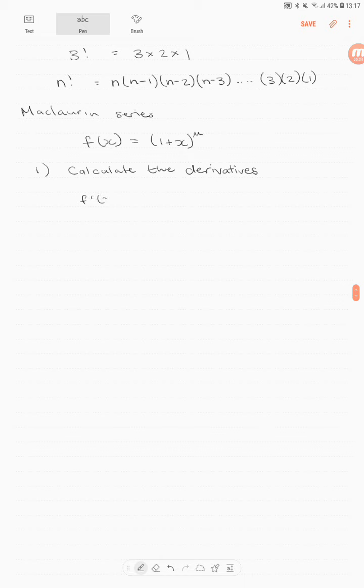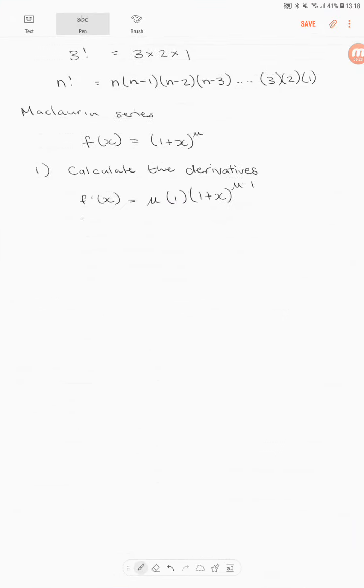In this case, f prime of x is equal to mu times 1 plus x to the power mu minus 1, times 1, remember the chain rule. F double prime of x is equal to mu times mu minus 1 times 1 plus x to the power of mu minus 2, remember the chain rule, times 1.